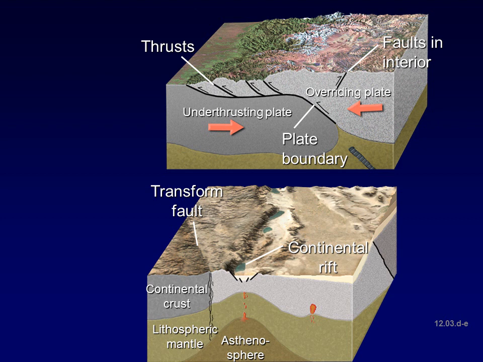It can still be active because these things are occurring on the Earth's time, not on our time. Also, we can get earthquakes from magma rising up through the crust and faults in the interior.